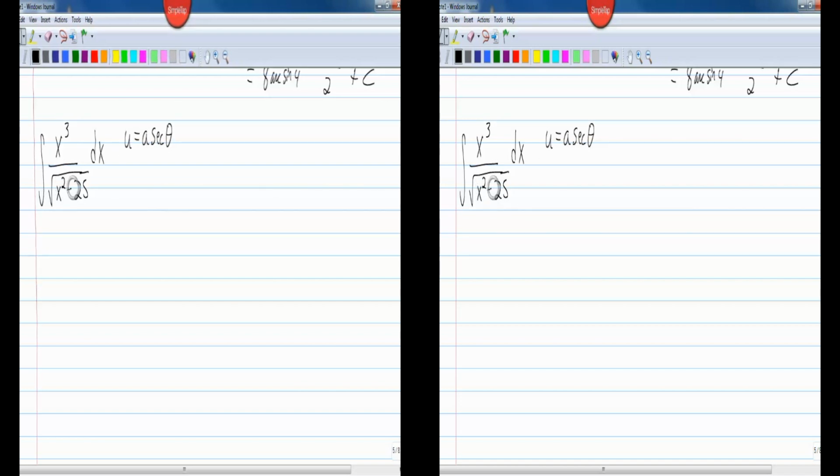So that's u squared minus a squared, variable squared minus constant squared, where u is equal to x and a is equal to 5. So x equals 5 secant theta. That's my substitution I want to use. And dx is equal to 5 secant theta tangent theta. Alright, so let's plug these in for x.